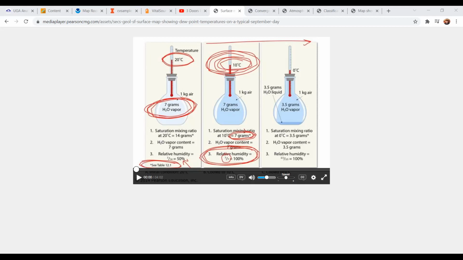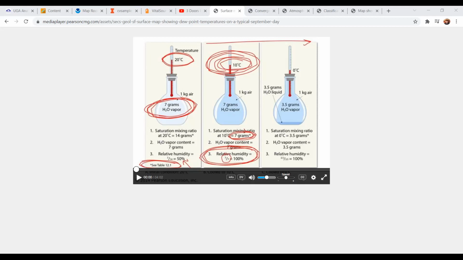It takes a lot more water vapor content to reach saturation. So what we do with the relative humidity, let's say there's 20 grams of water vapor in the air, okay? If there's 20 grams, then at 77 degrees Fahrenheit or 25 degrees Celsius, we're at 100% relative humidity because it only takes 20 grams to reach saturation.